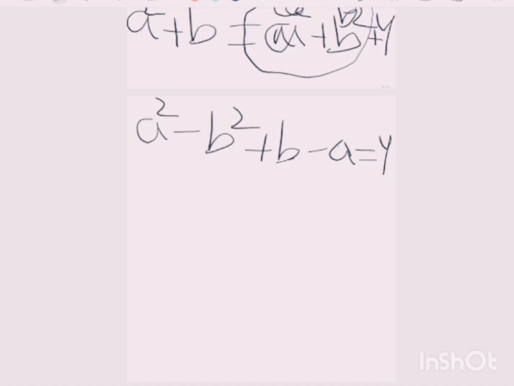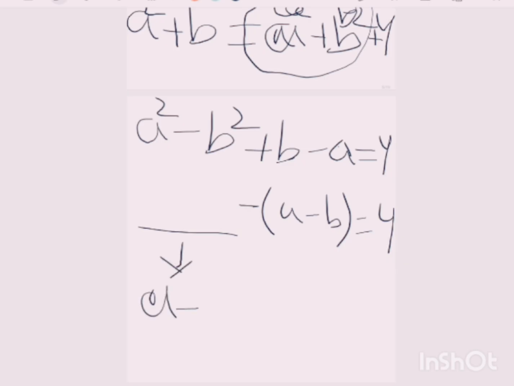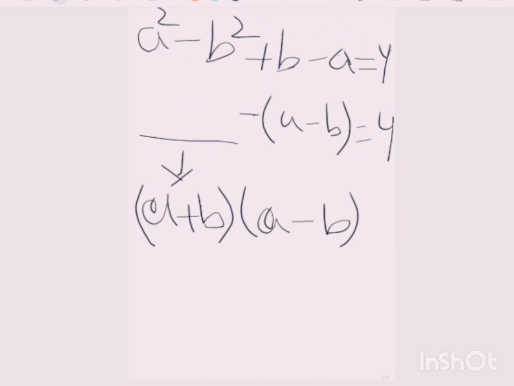Okay, am I clear? So now we can take this minus as common, this will be (a − b), so this will be 4. And similarly we can write this expression as (a + b)(a − b).